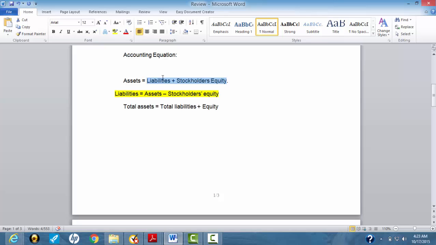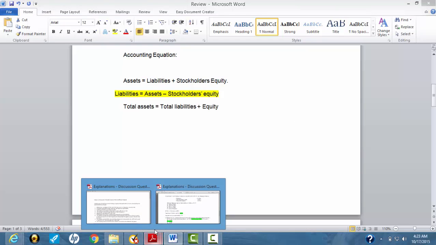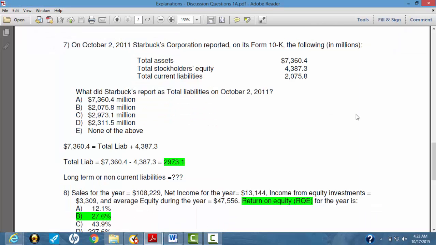So let's begin by looking at a problem. Now, on October 2nd, 2011, Starbucks Corporation reported on its Form 10-K the following in millions. Now, the Form 10-K is the annual report filing for U.S. publicly owned companies.